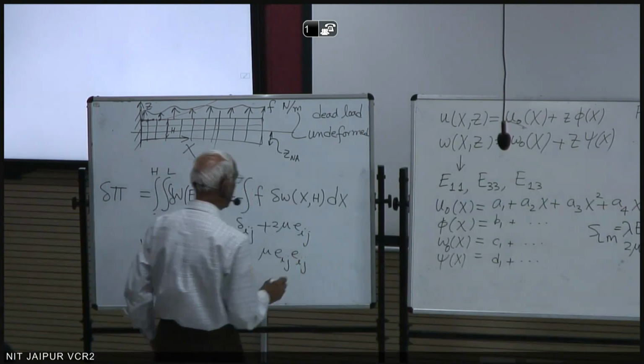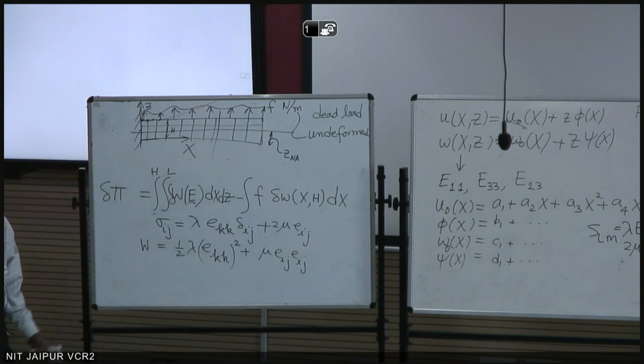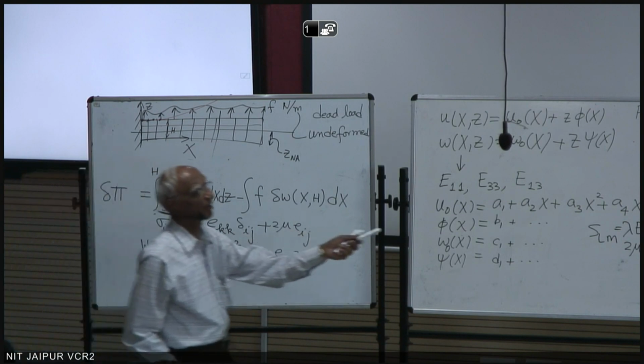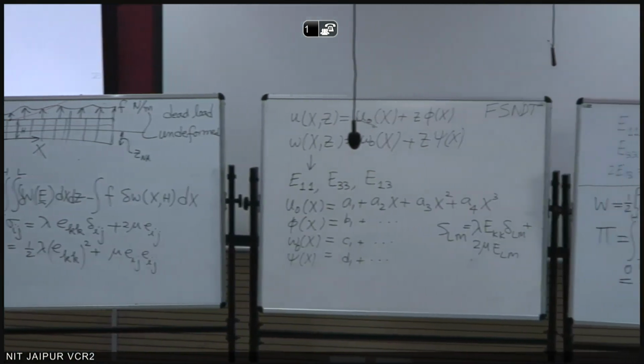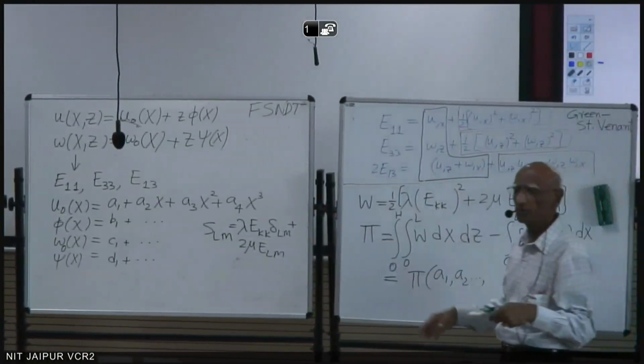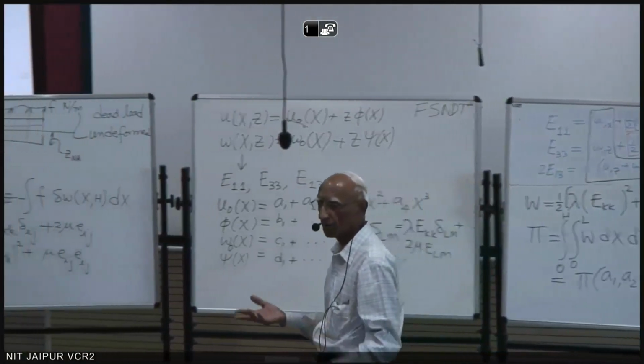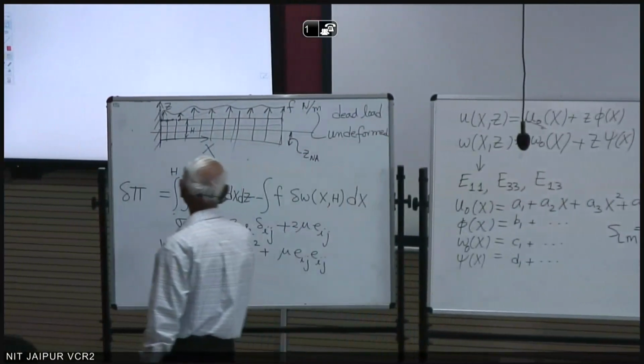No, I think I'm okay with the factor of 1/2. This is the same thing as we wrote here, except we are replacing big E by little e. And that is the problem most of us do in small deformation theory, that is the stored energy function.